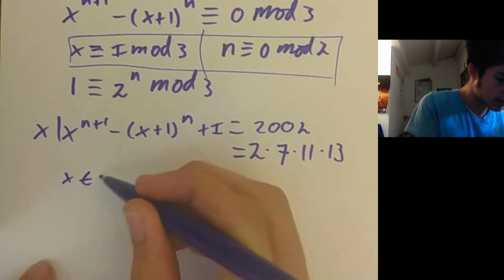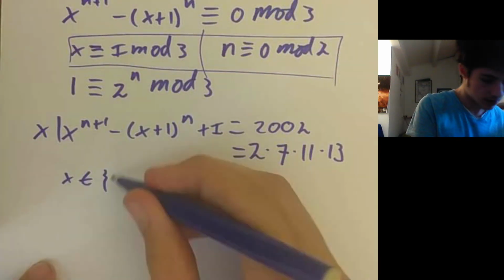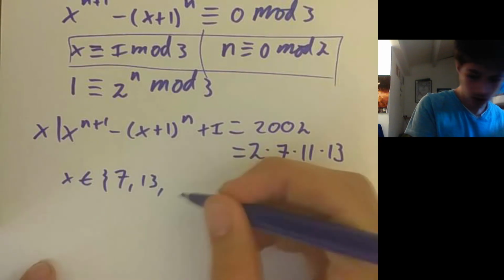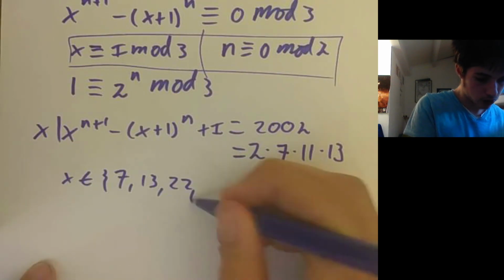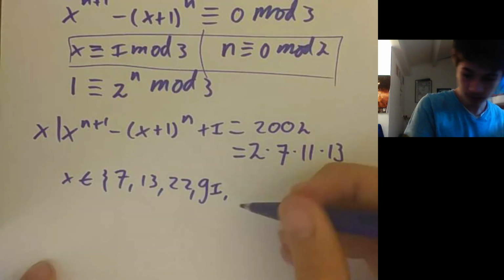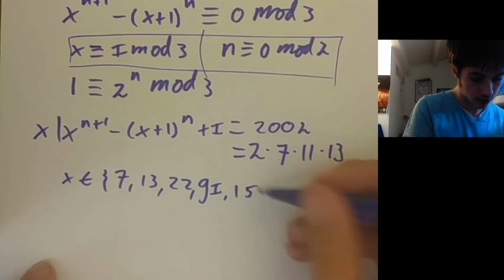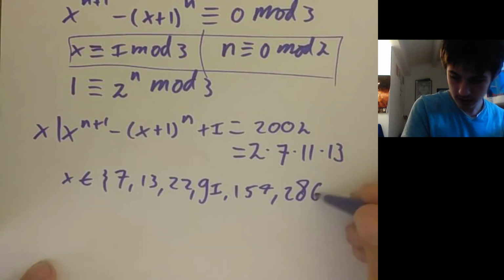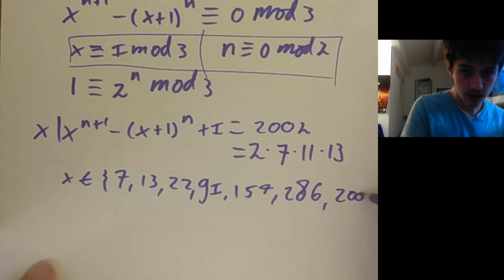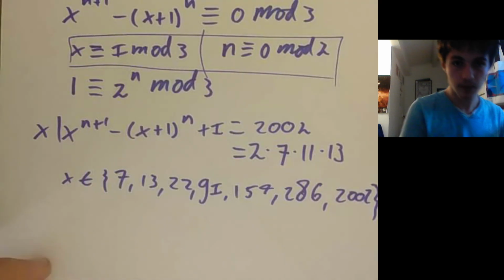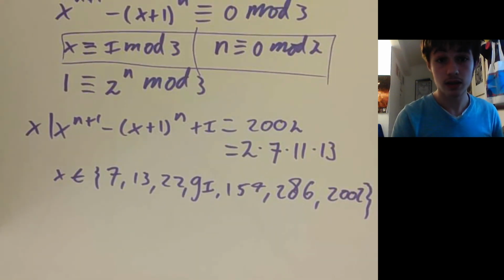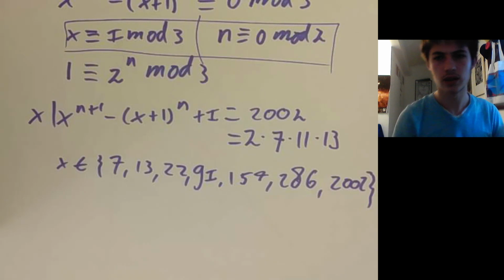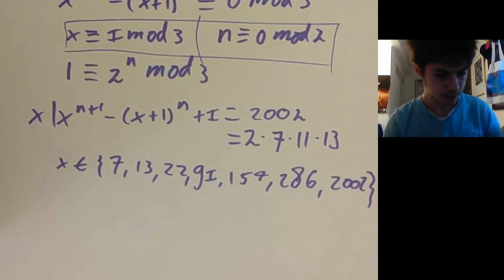We see that x is going to be from this set: 7, 13, 22, 91, 154, 286, or 2002. So that's nice, but there are still a lot of options.